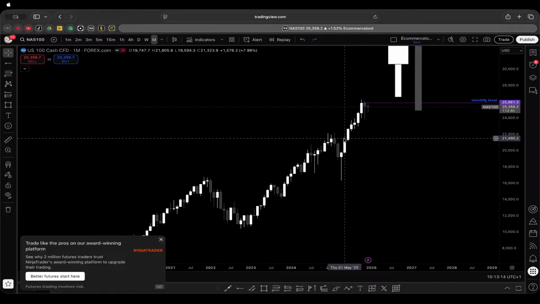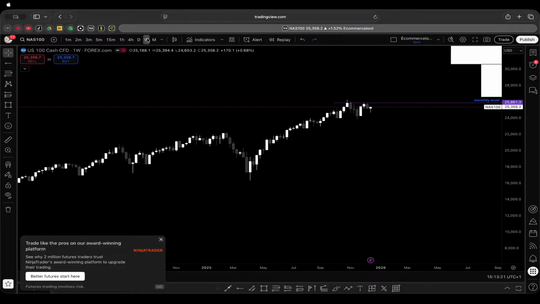As you can see from the weekly time frame, and I think my previous live showed this too, this is my resistance that I marked out. It held price for 1 week, 2 weeks, this is the third week.